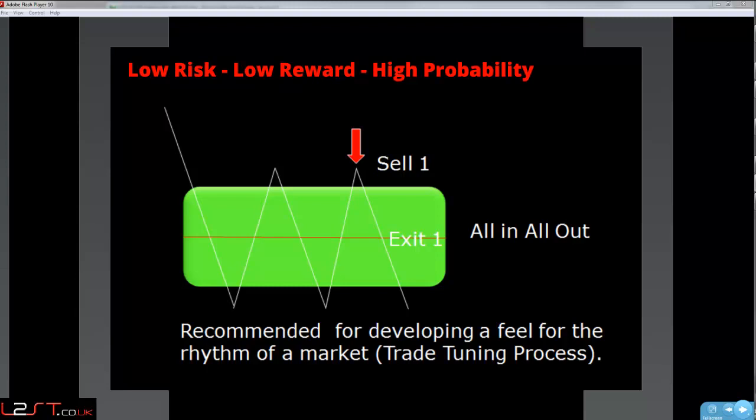I don't know where you are in your trading careers right now, but if you are first starting out, or you just haven't been consistently profitable and haven't found your niche, then I would recommend you drop your risk all the way down to a one lot, or even smaller size, going all in, all out. Just get used to developing a feel for one market, and get used to getting in and getting out for a profit more often than not.